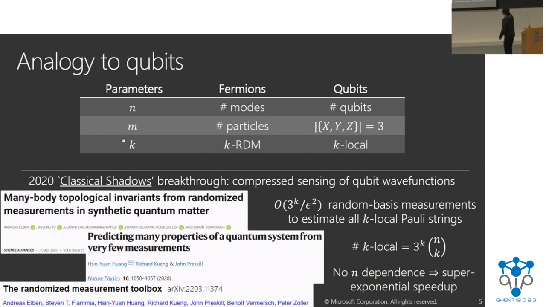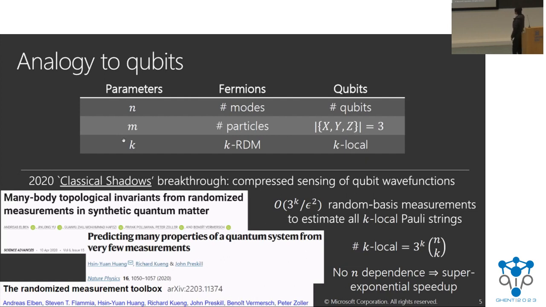So the breakthrough in this Shadows paper is that we know that there are actually a huge number of k-local Pauli operators. You can just count them. 3 to the k, because for every qubit you can have one of 3 choices. And n choose k, because you can choose any size k subset of these n qubits.